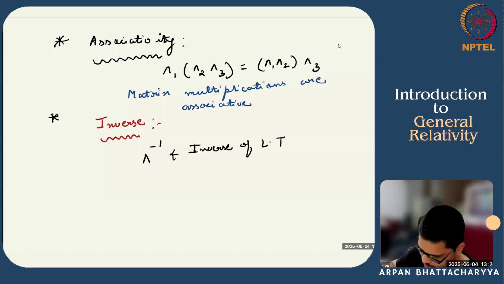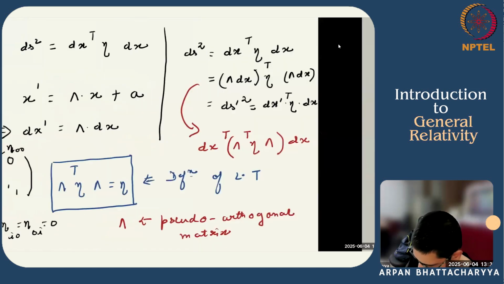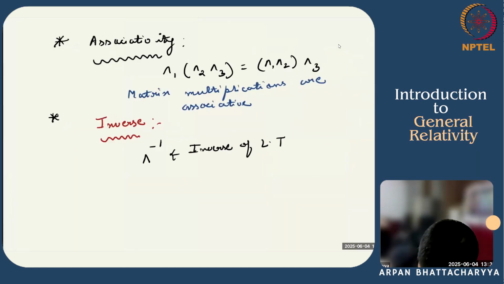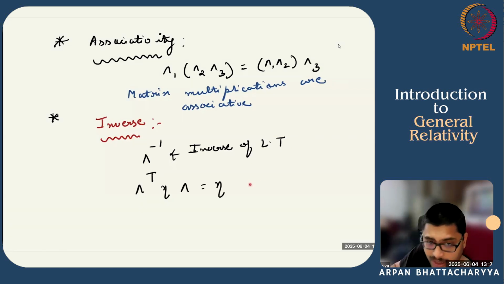Now remember that again we start from this equation and we multiply this side by lambda inverse, and the other side by lambda transpose inverse.